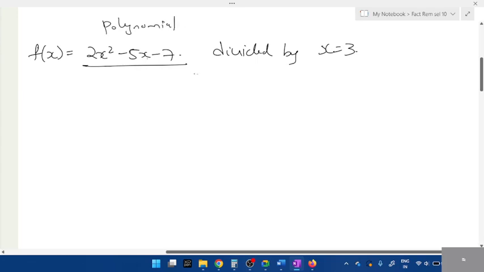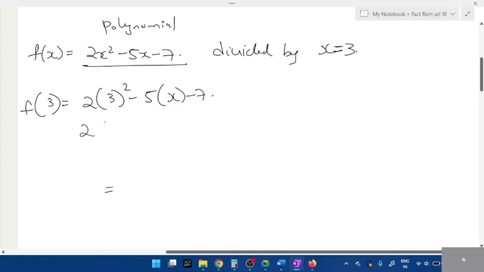If I say this equation is divided by x is equal to 3, what you have to do is a simple concept. In place of x, put 3. We are just substituting x is equal to 3. In place of x, put 3 square, minus 7. Once you solve this, you will get an answer. That answer is known as the remainder.